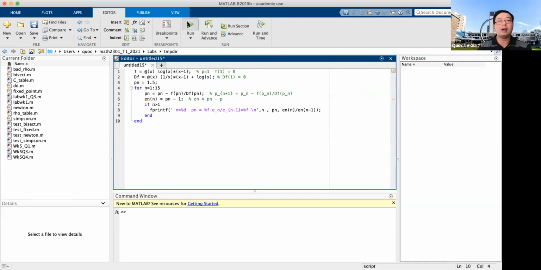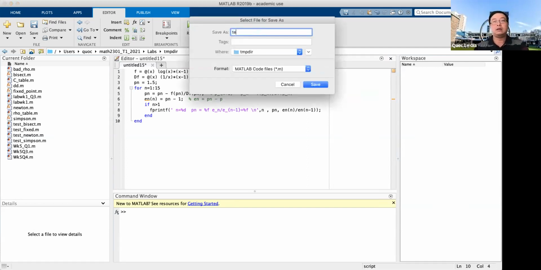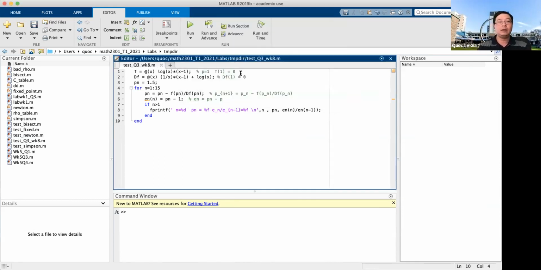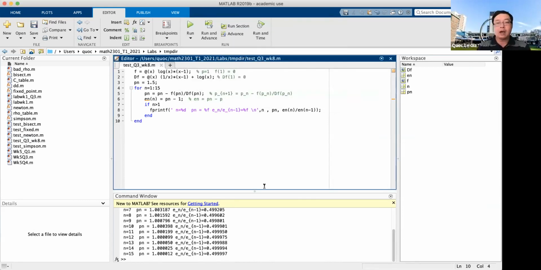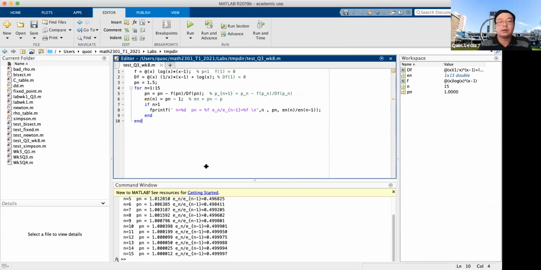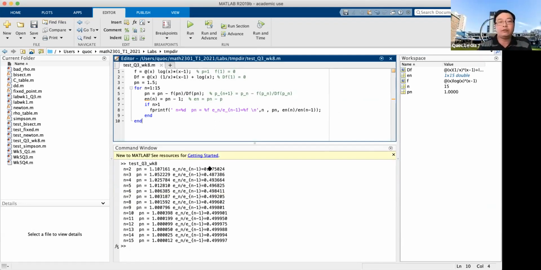Okay, so now I run it. Say test question 3, week 8. So if you look at my output, after 15 iterations you see the limit here. Starting from 0.47 and it gets close to 0.499997.